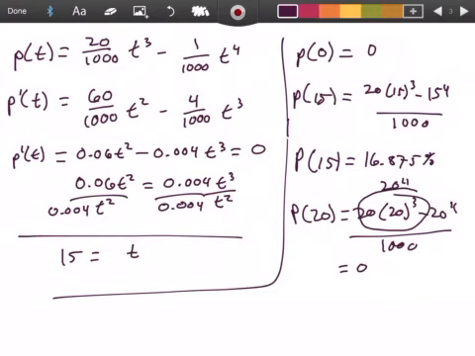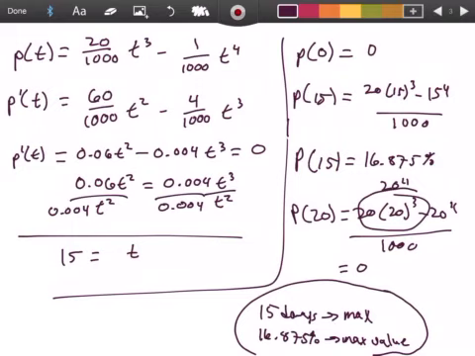So the question asked, after how many days was the percentage of the population infected a maximum? 15 days is the max, and 16.875% is the max value itself, the actual maximum percentage of the population that has been infected.